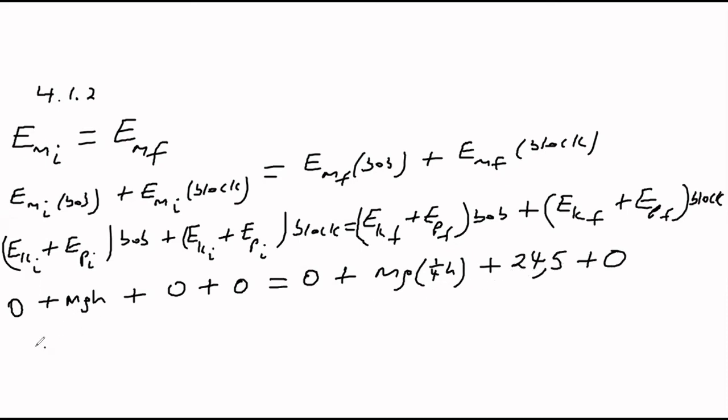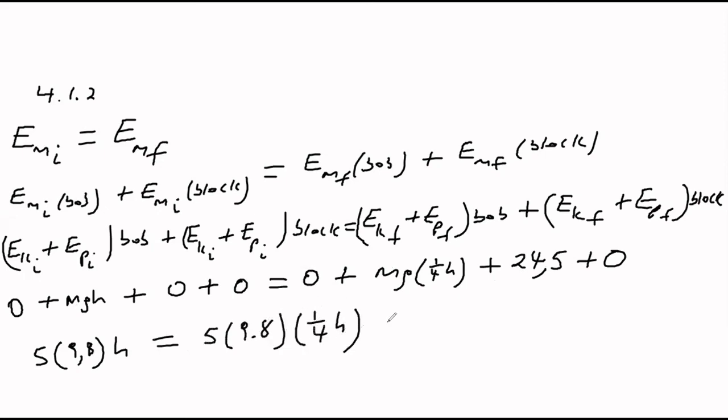Let's substitute for the bob. Its mass is 5, g is 9.8, and the height is unknown. This equals the mass of the bob, 5, times g, 9.8, times 1/4 of the height, plus 24.5.